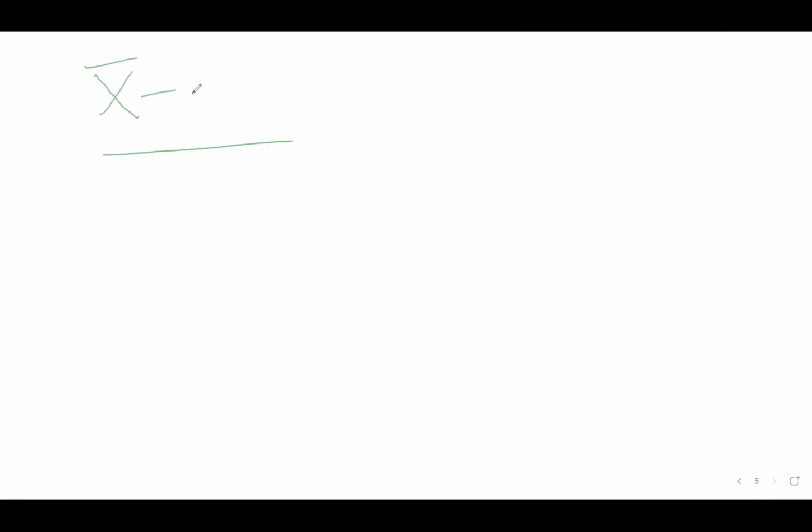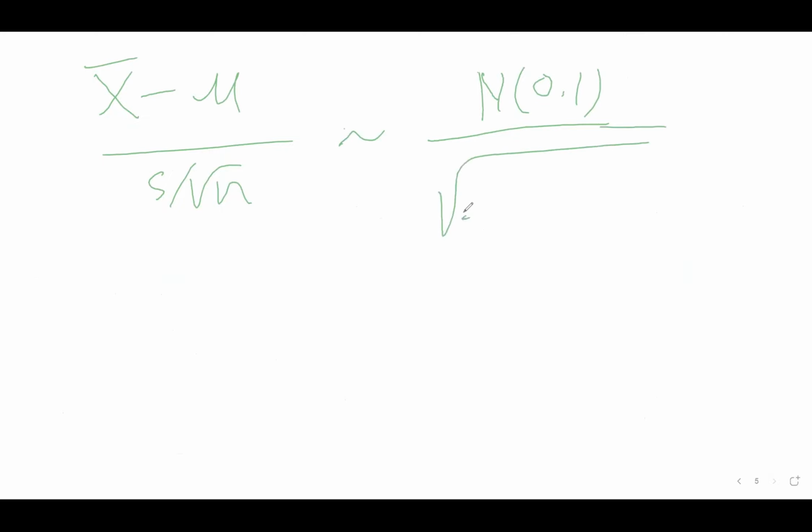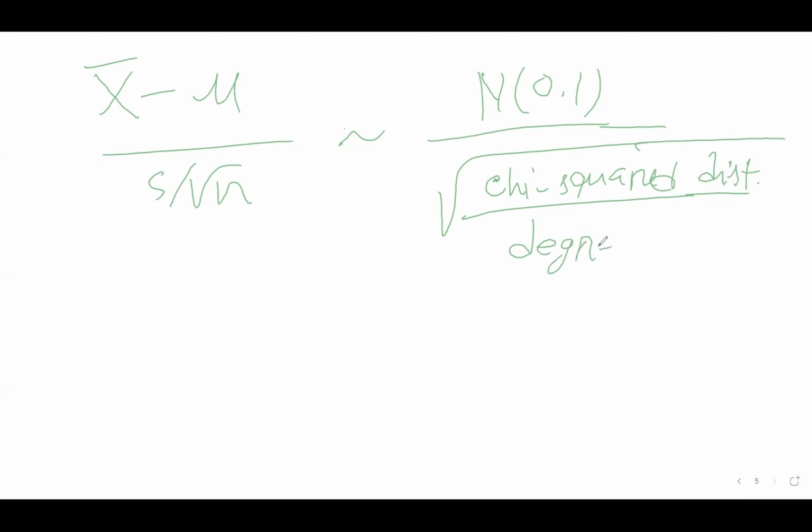So x bar minus mu over s over square root of n. This is actually, the numerator was normal distribution and the denominator is a square root of chi-squared distribution divided by degrees of freedom.